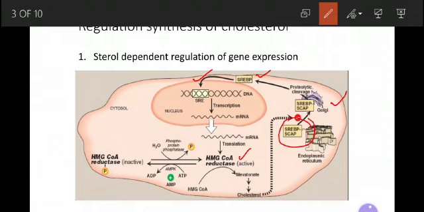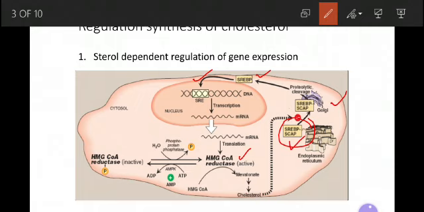However, when the sterol level in the cell is high, then this complex of SREBP and SCAP will be bound by another protein called INSIG. INSIG is insulin induced gene protein.